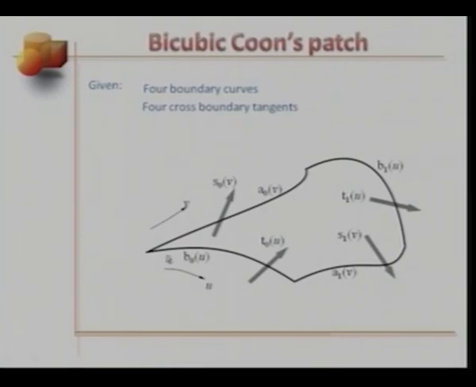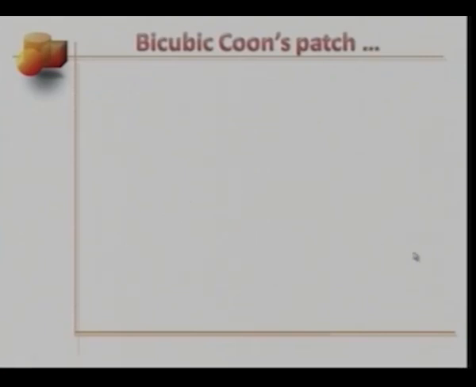So these are the two parameter directions, U and V. As you would know, these are the four corner points, P00, P10, P01, and P11.